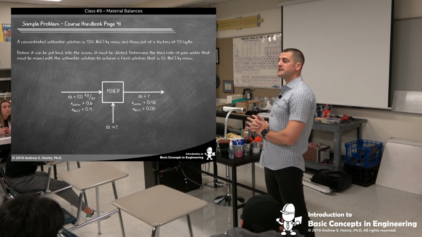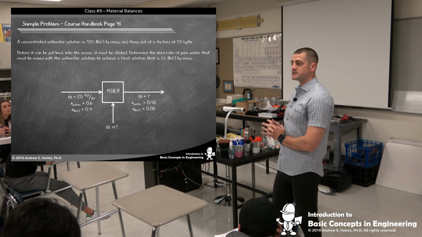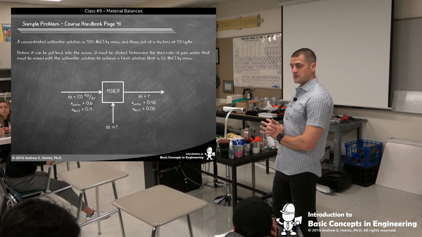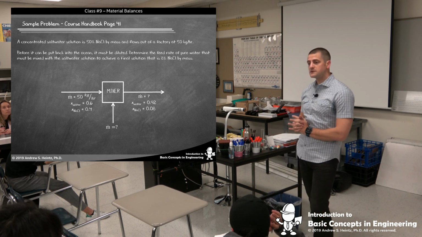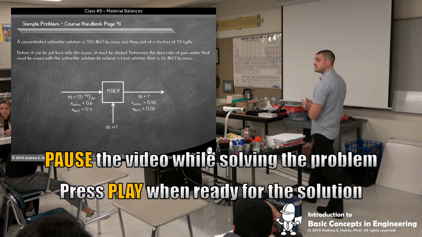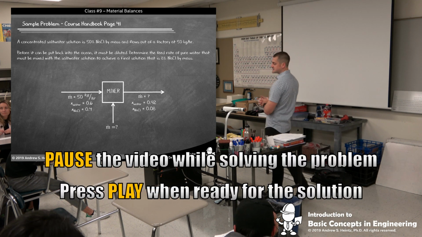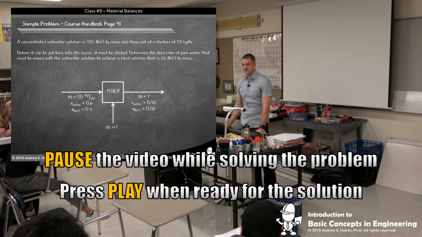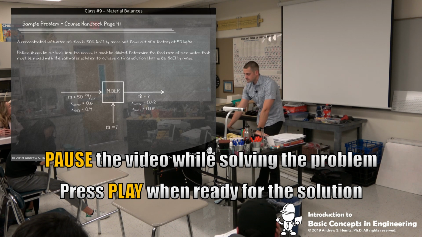So, they're both labeled M, but they're on 2 different streams, right? So we have the total mass out, and we have the dilution water in. So how many equations do I need to come up with? 2. I need at least 2 equations, right? All right, so let's take a couple minutes and solve this one.